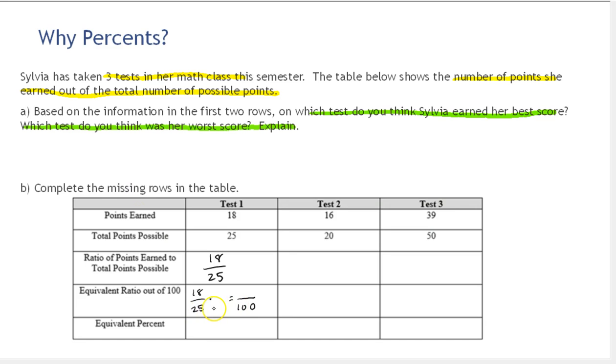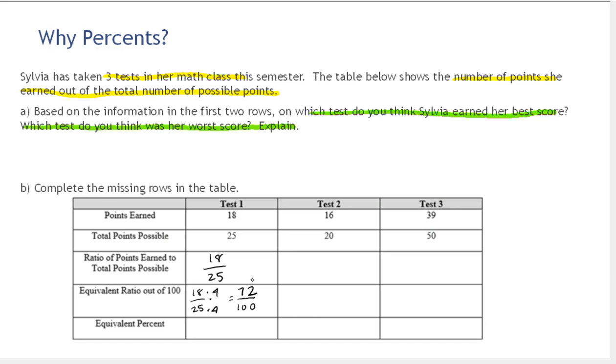That would be 4. So multiply the top and the bottom by 4. That gives us 100. 18 times 4 is 72. So an equivalent ratio of the points she earned on test 1 is 72 out of 100.